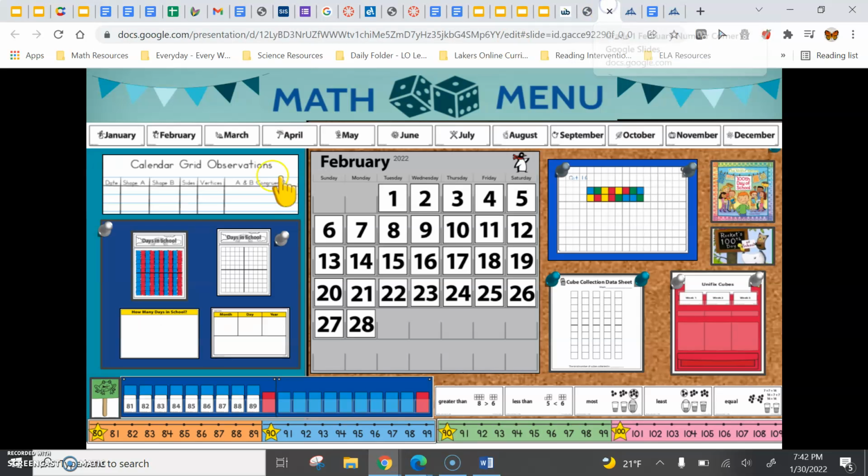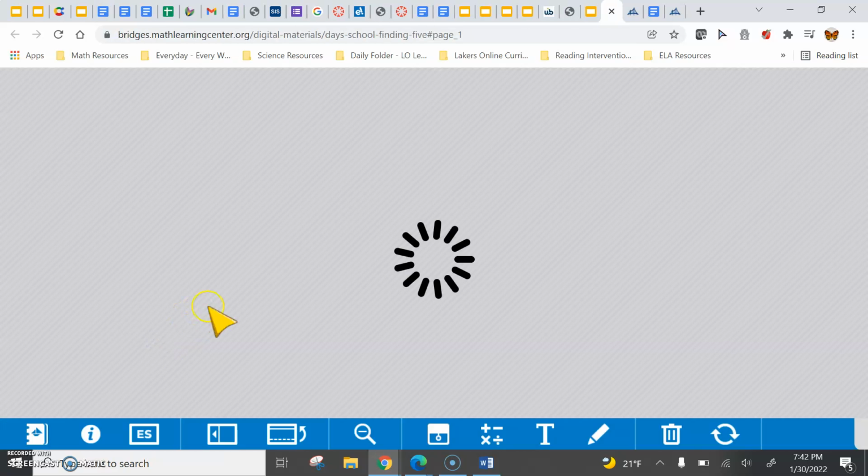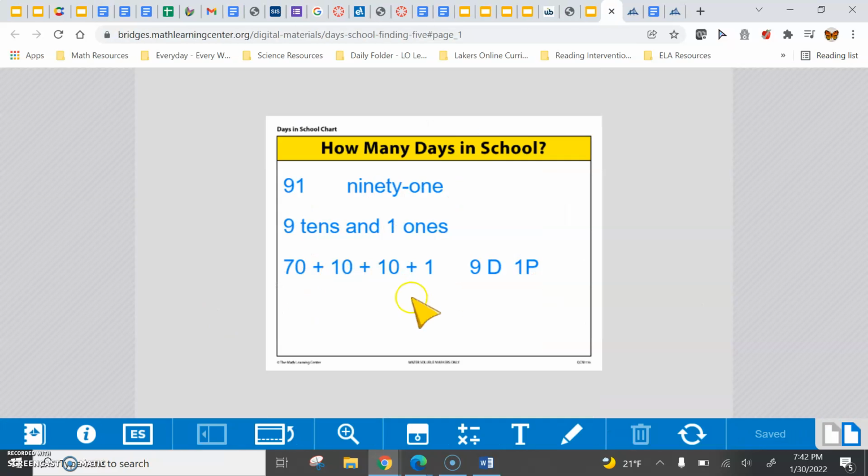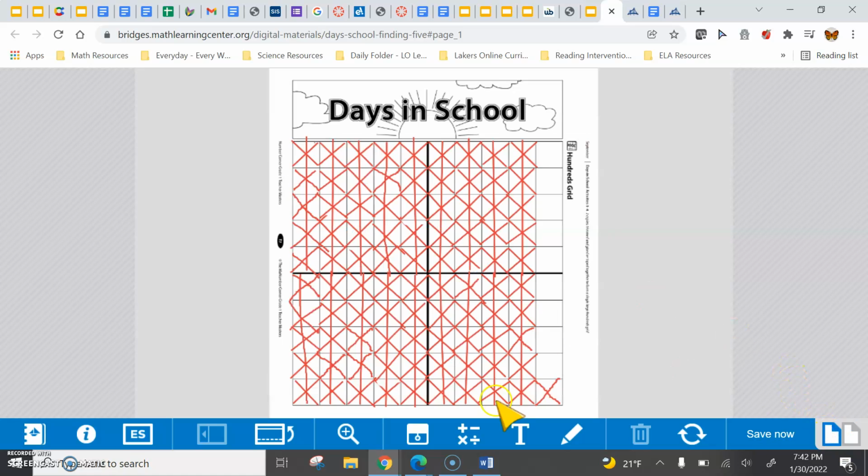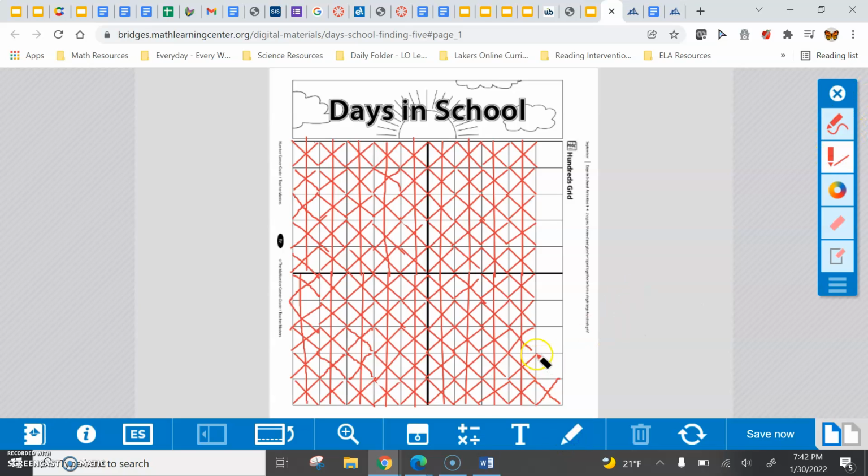We now need to look at our days in school. We have another day we're adding to our chart. Oh my goodness, that means we're getting close to the 100th day of school.